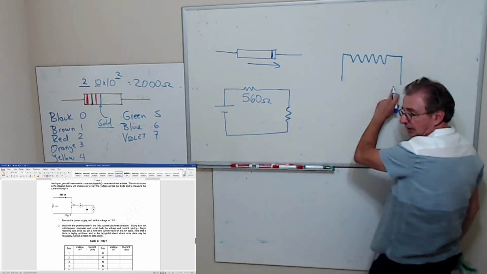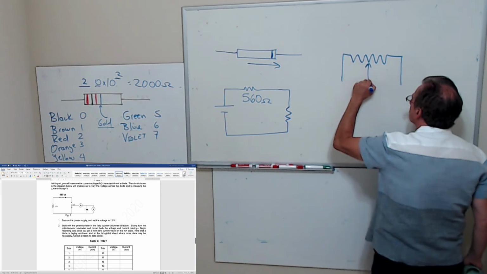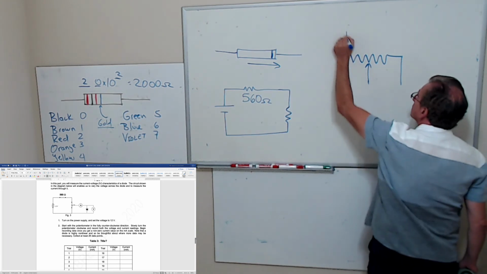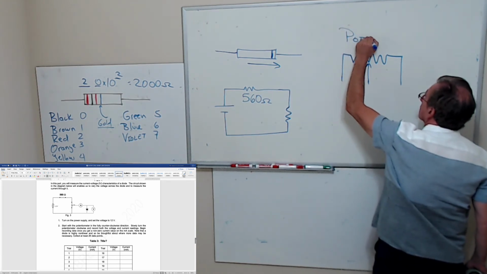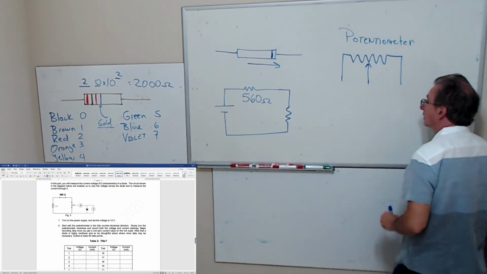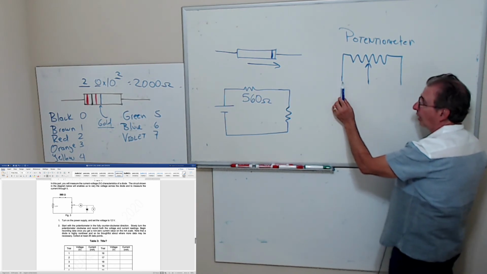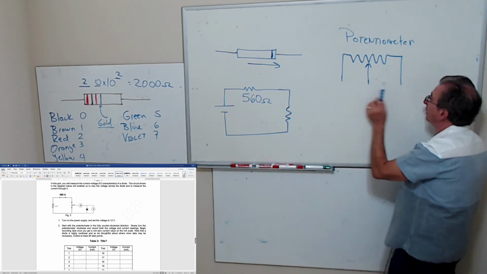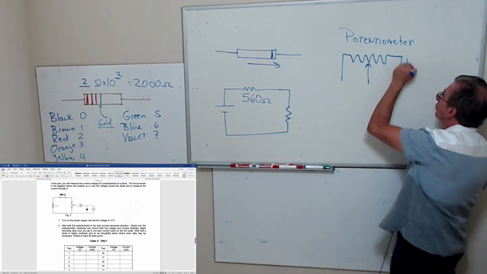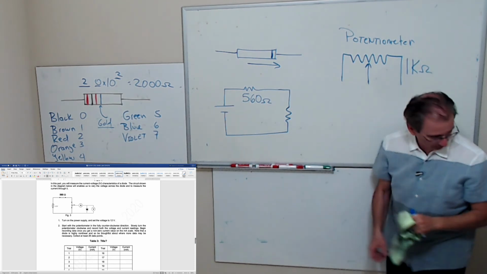There's the ends that give you the full resistance, and then there's one in the middle called a slider that you can move back and forth. This is called a potentiometer. If you connect the positive of the battery here and the negative here, then you get the full resistance. And this is a one kilo ohm pot. I think yours is a dial one. Mine's a really teeny screwdriver one.